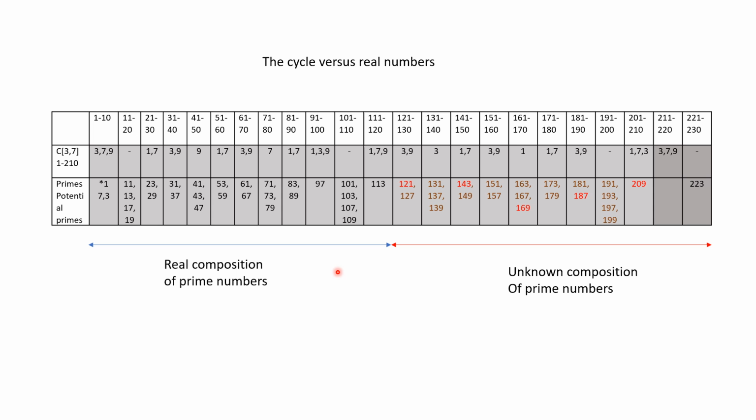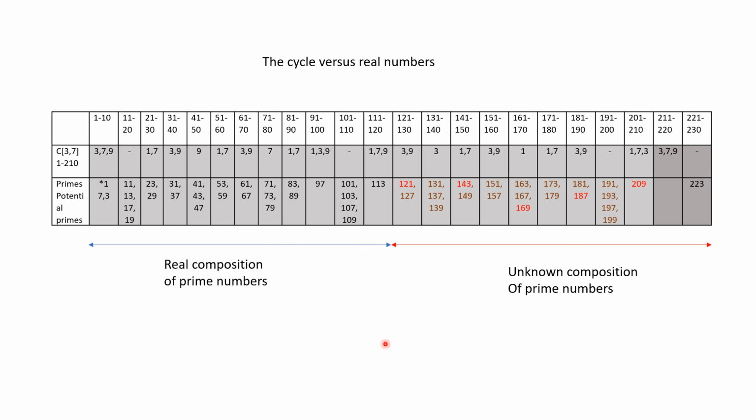We can check that in every cycle, until the square of the next prime number that doesn't belong to the cycle, for example, this is the cycle of 3 and 7, the next prime number is 11, so until the square of 11, that is 121, before that we're going to have all the prime numbers, and we will know which are the prime numbers just by looking at the cycle of 3 and 7.